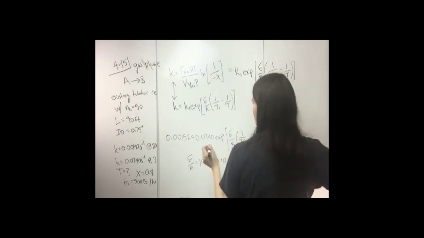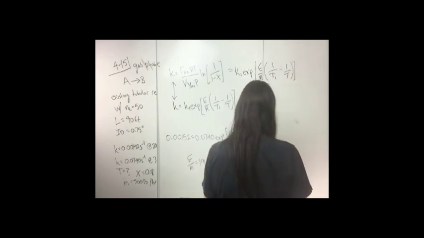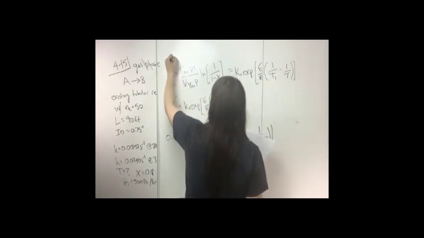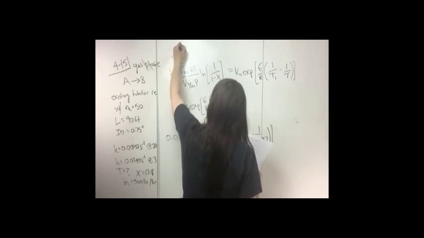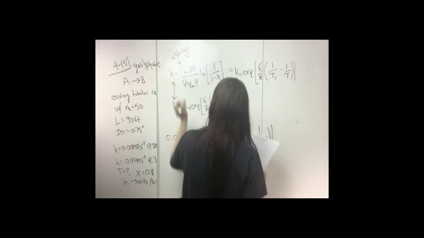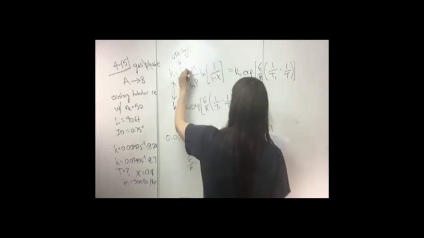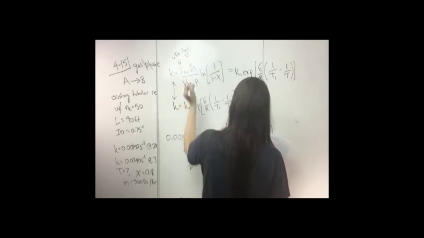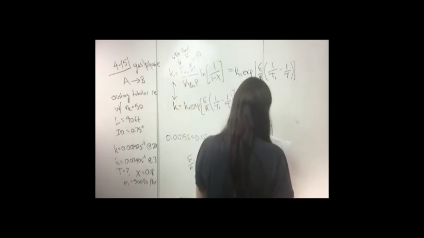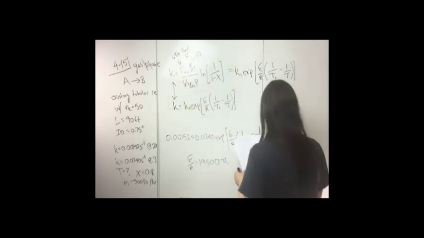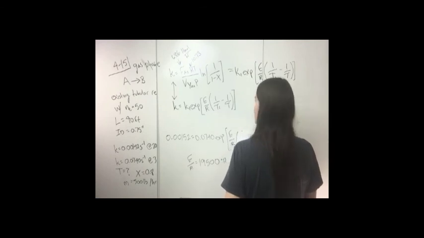And then we should have everything. So FA naught, we solved for it, it was 6.86 pound mole per hour. R should be 10.73 for the correct units. Let's see.